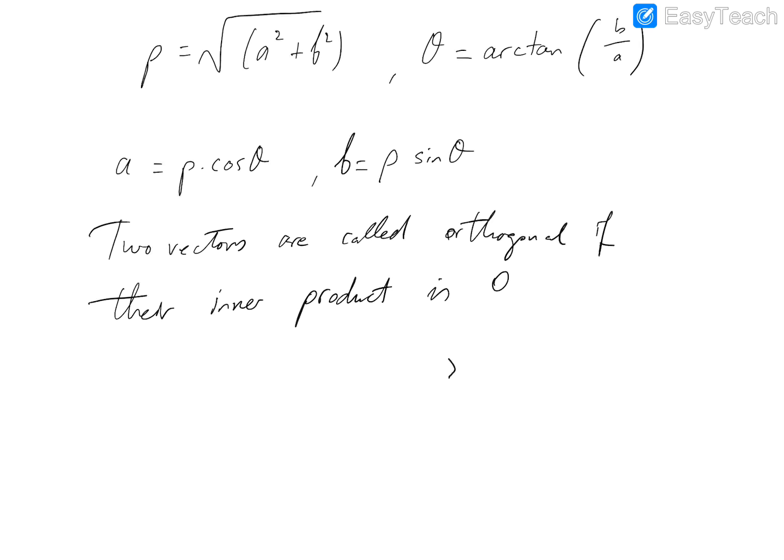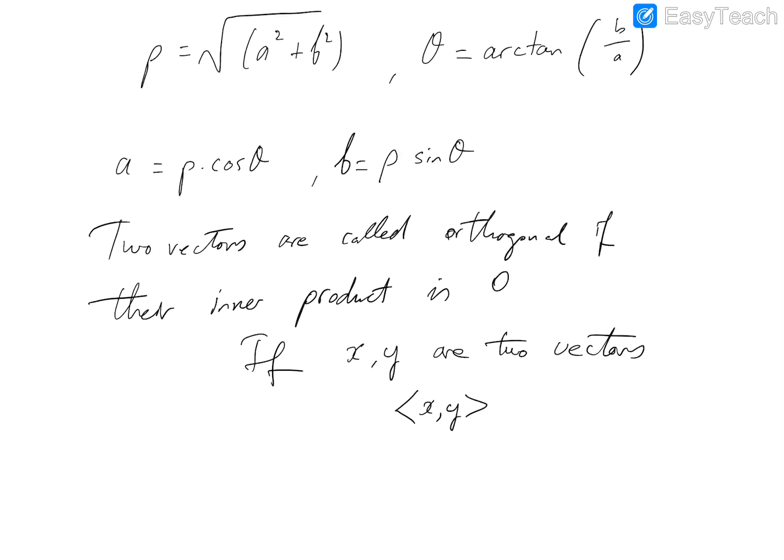We denote the inner product by this bracket notation. So if x and y are two vectors, then this bracket notation denotes the inner product of x and y.